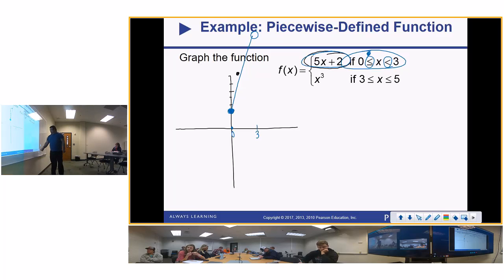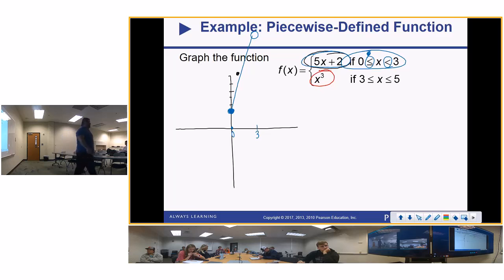Now let's do the other one, and we'll do it in rouge. Somebody tell me what you know about x to the third. Go to your family of graphs. What do you know about x to the third? It goes through the what?